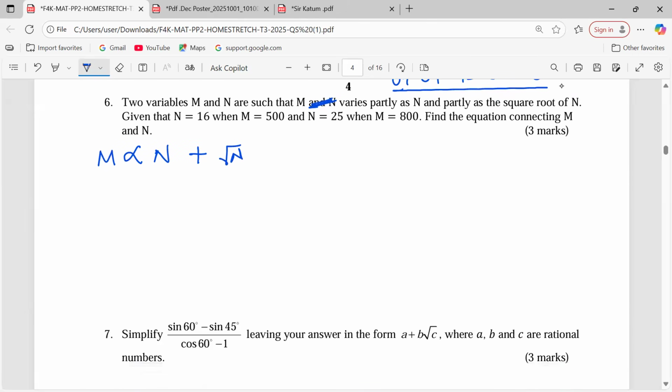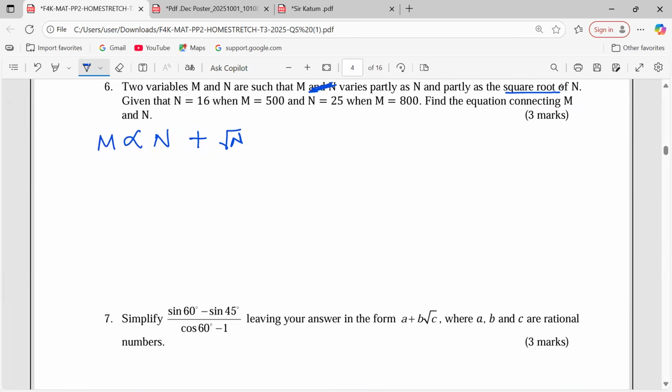Some other times you'll be told as the square of N. But because of students not reading questions carefully, they will end up seeing square root when it is square and square when it is square root. So let every question be read carefully with every word being underlined. Actually, the critical words like this one, square root of.